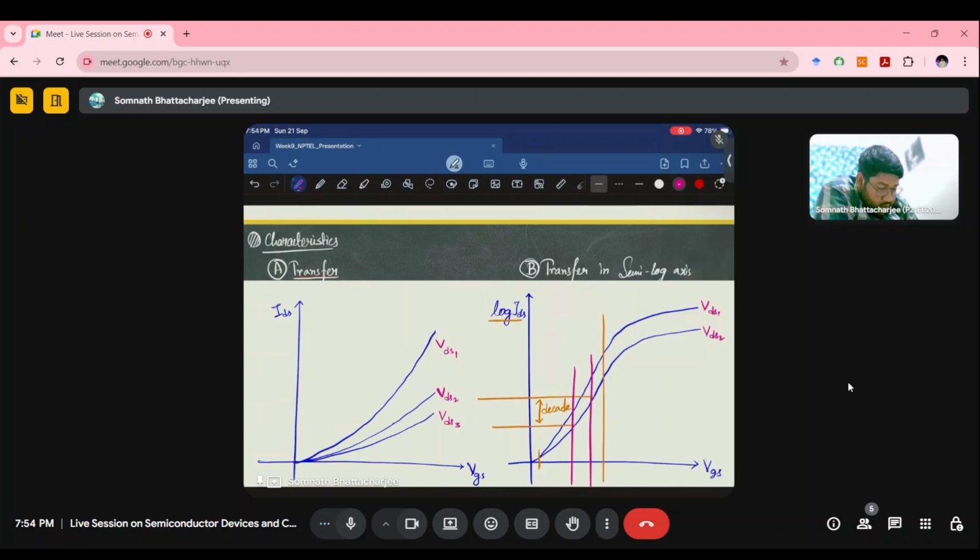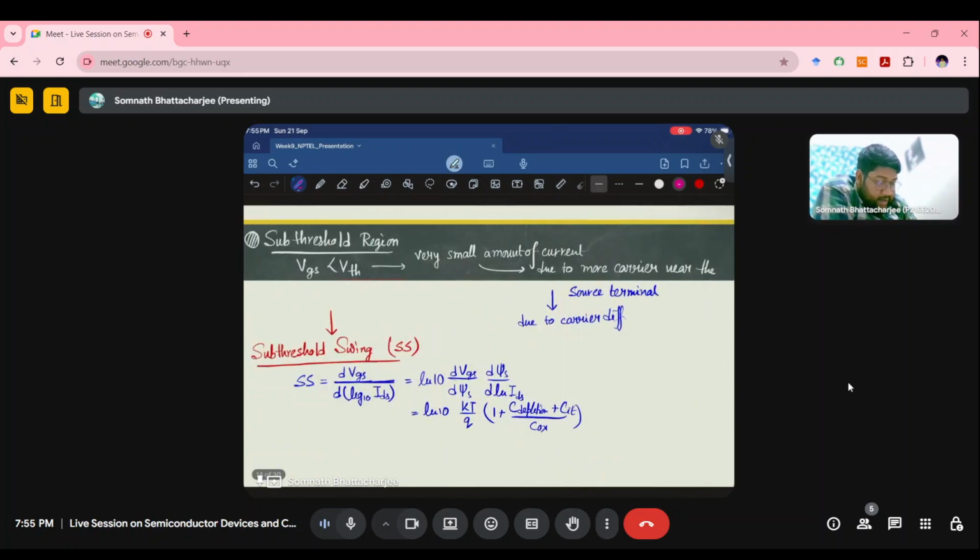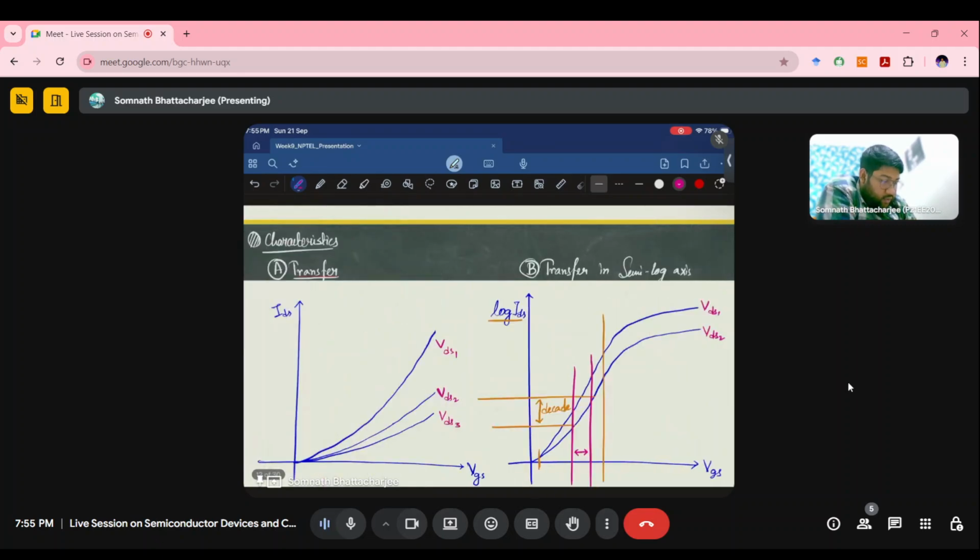So we can get this value of the VGS change. So based on the definition of SS, it is the change in VGS with respect to 10 times change in the IDS values, right? So as we can directly get the decade value change in the IDS values, we can just plot them back to the VGS change. So this value is called the SS. So we can directly get these values from here.